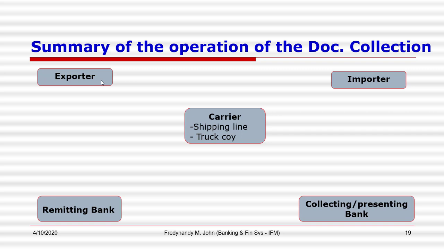Now, if the arrangement is the documentary collection, the first thing is for the exporter and importer to reach an agreement. And so they will agree on a number of issues. For example, they will agree on the price of goods, date of delivery, documents to be produced, methods of settlements, and the method of payments.